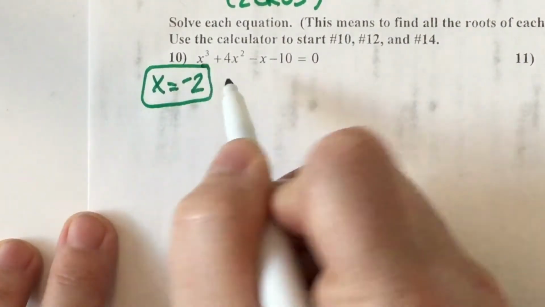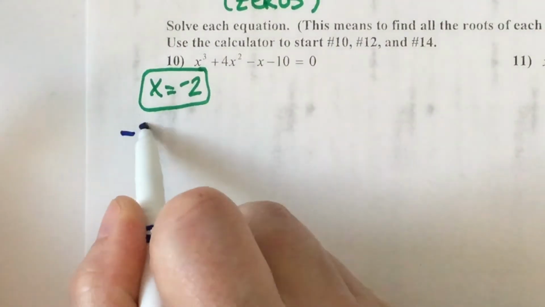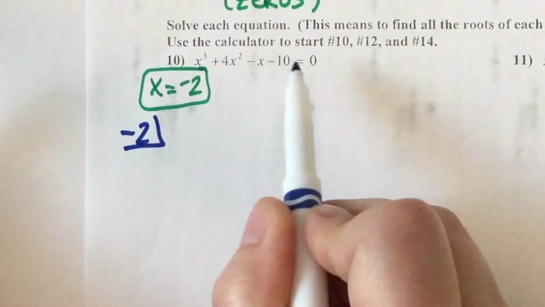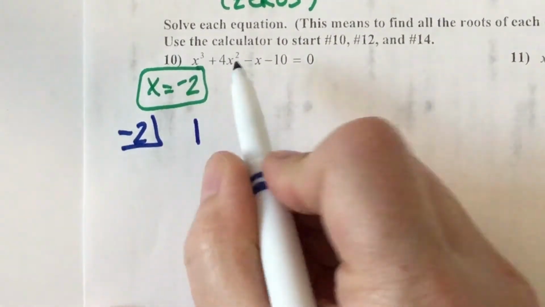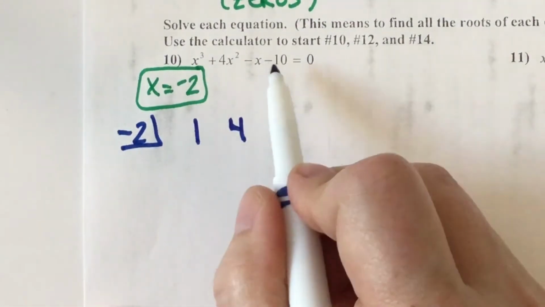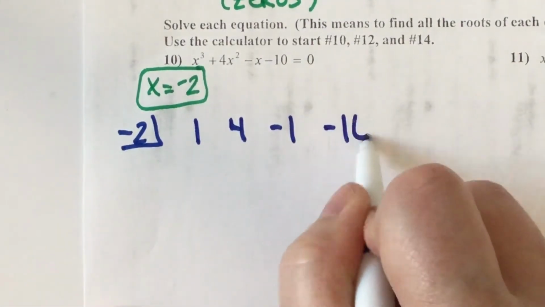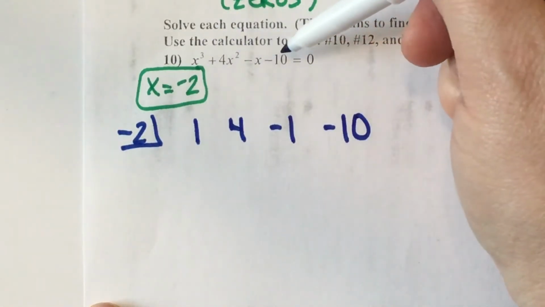And I'm going to do synthetic division. So first you put the -2 in the box. Pull down the coefficients. So I've got a 1 in front of the x cubed, a 4 in front of the x squared, a -1 in front of the x, and a -10 for the constant. It did not miss anybody. It had everybody: x cubed, x squared, x, constant.